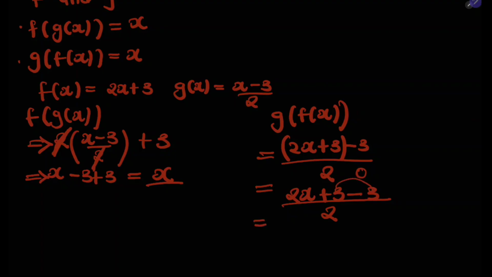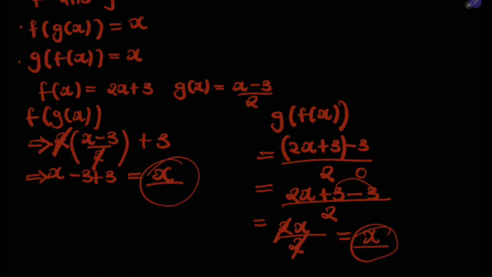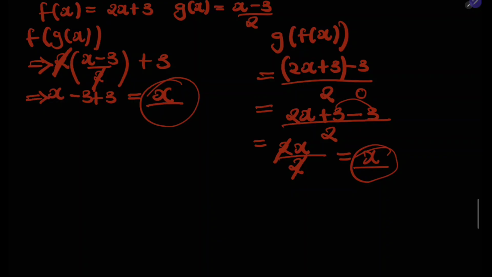So we are going to be having 2x, all that on 2, and the 2's will cancel. So this leaves us with x. So here gives us x, and here gives us x, and so we can conclude. We say therefore they are inverses.